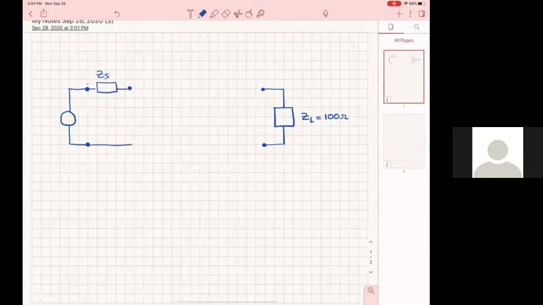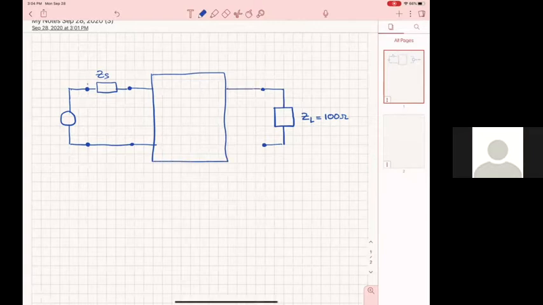And then I want to put a network in between that is going to match the load to the source for maximum available power delivered to the load.